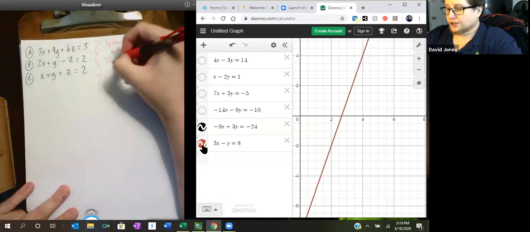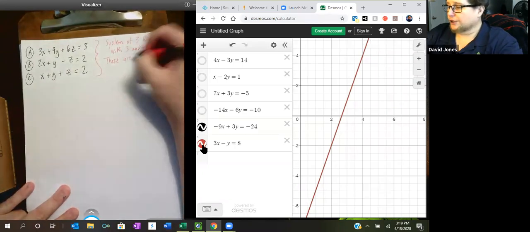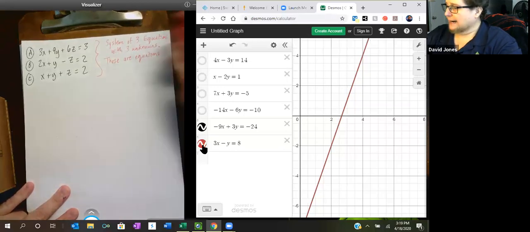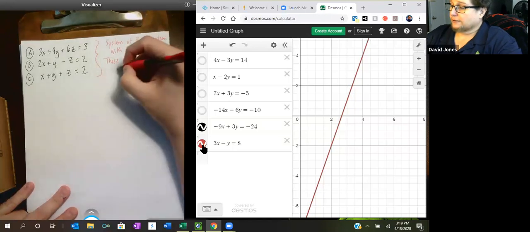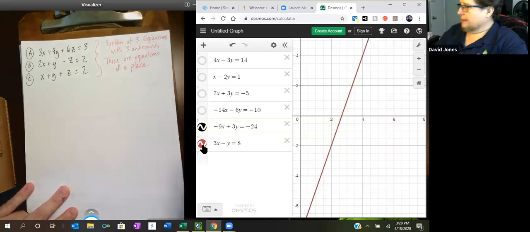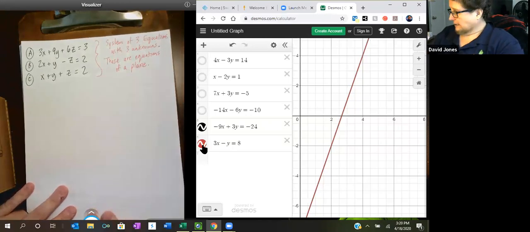These are equations of a plane, as you'll see when you start doing 3D work if you go far enough down this math branch. We tend to use z for the 3rd dimension. Now, it's important to know this is true for any system.